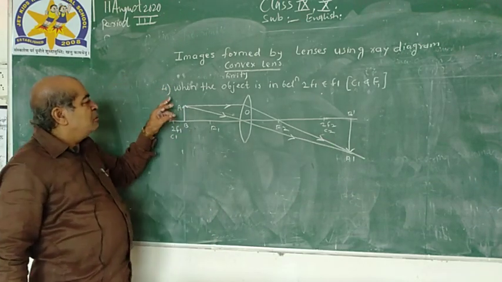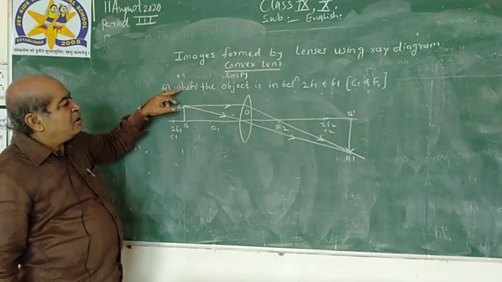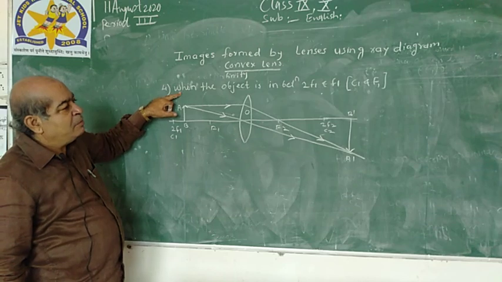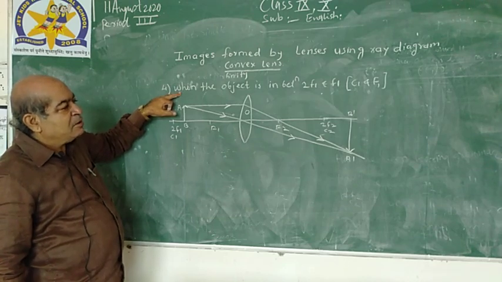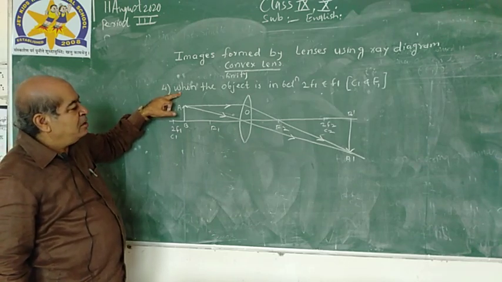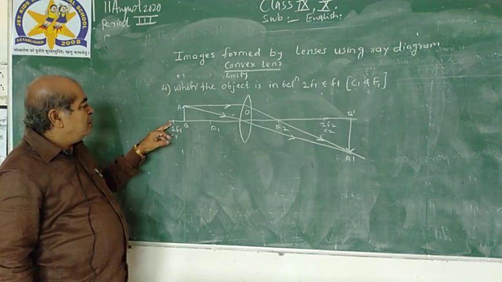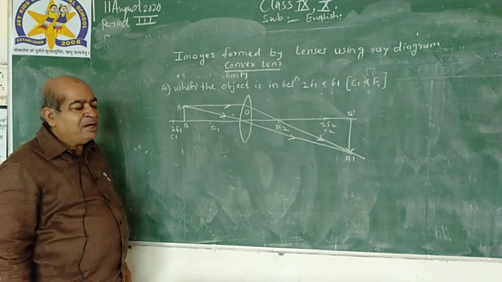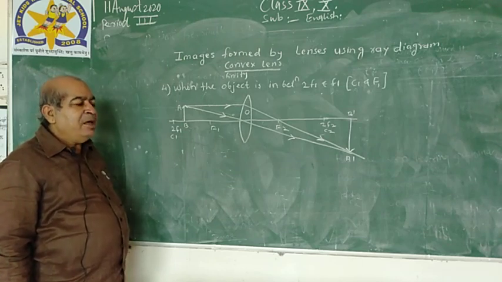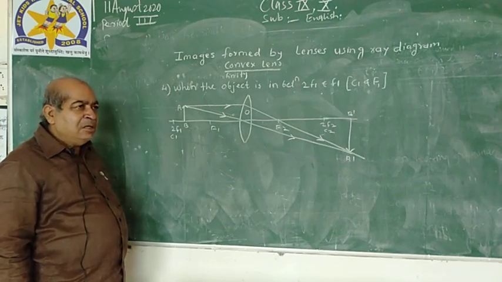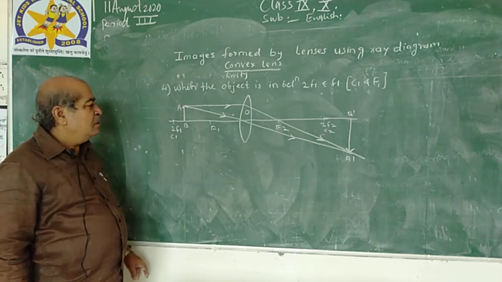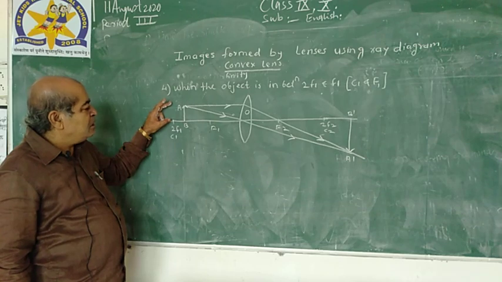The fourth position is when the object is in between twice F1 and F1, meaning center of curvature C1 and F1, then the position of the image is beyond twice F2, the image is enlarged, the image is real and inverted. What is the position of the object?